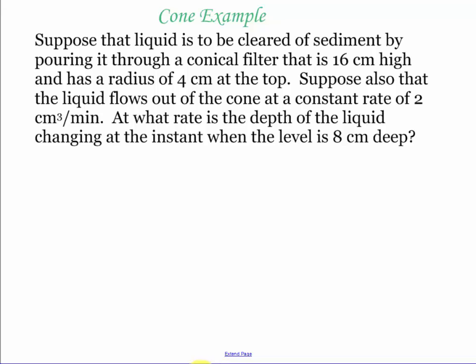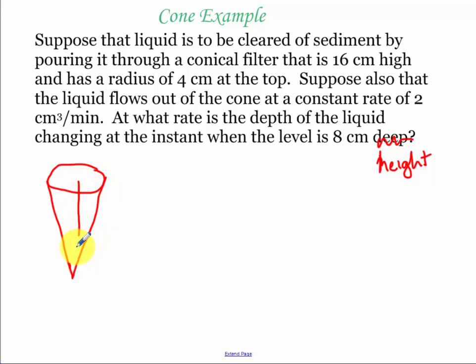Okay, when we're talking about depth, you might want to think of depth as the height. That's an h. So let's talk about what we have. We have a cone, like a funnel, and it's being cleared of sediment.